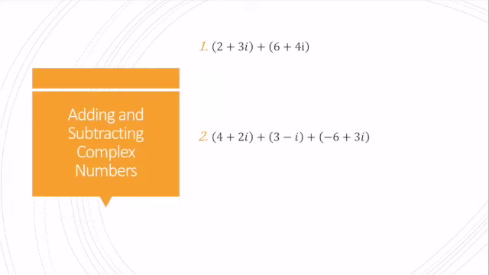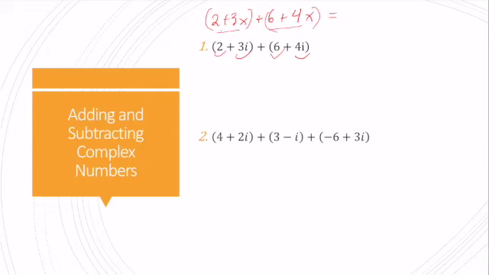When we're adding and subtracting complex numbers, we're going to add the real part and we're going to add the imaginary part, right? We can think of this i as a variable, okay? Because if we were adding these two terms right here, we would be combining like terms.